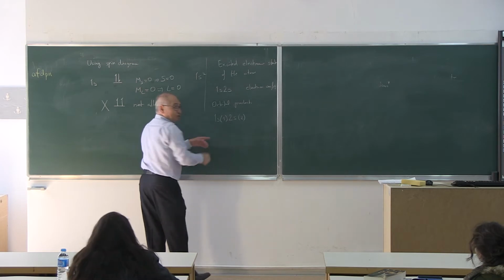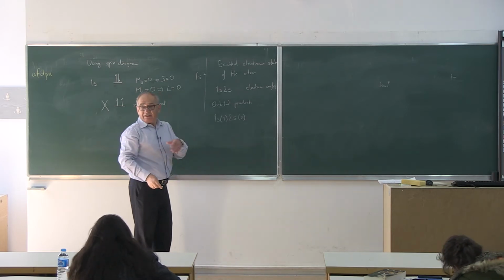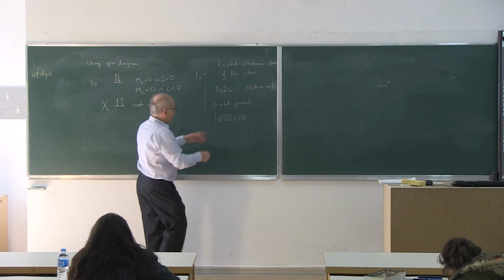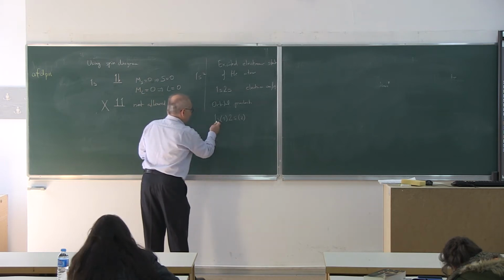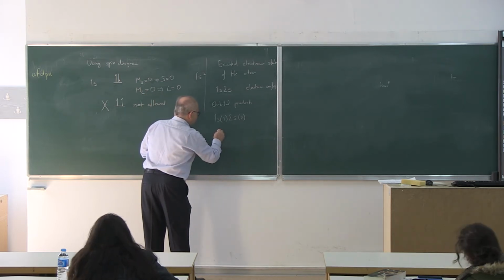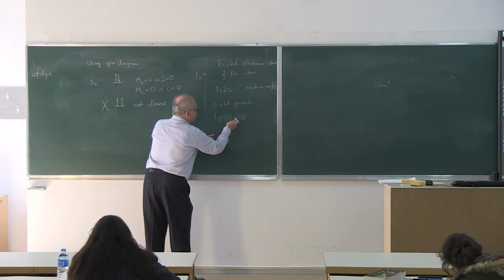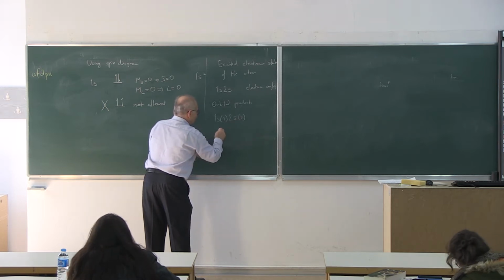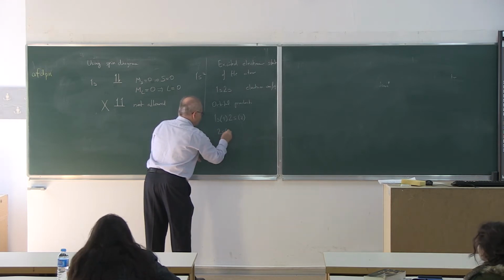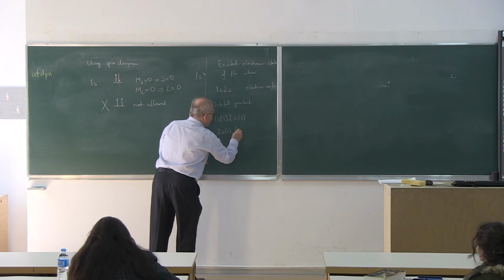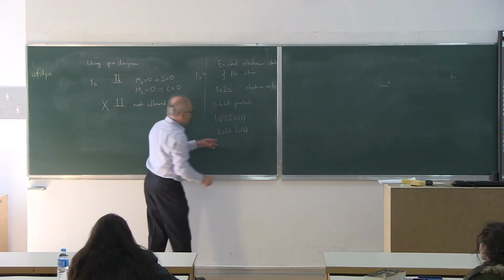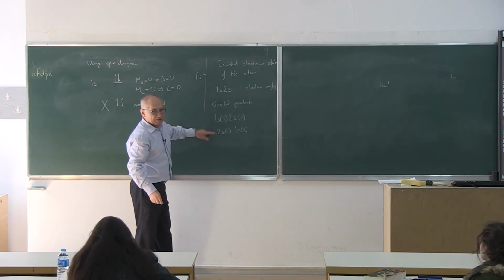But because electrons are indistinguishable, we may take 1s for the second electron and 2s for the first electron. So we may write this as 2s for the first electron and 1s for the second electron. These are two different products here.